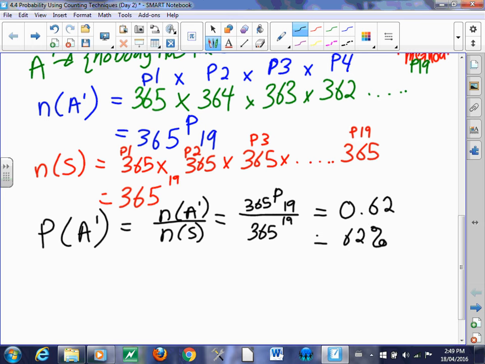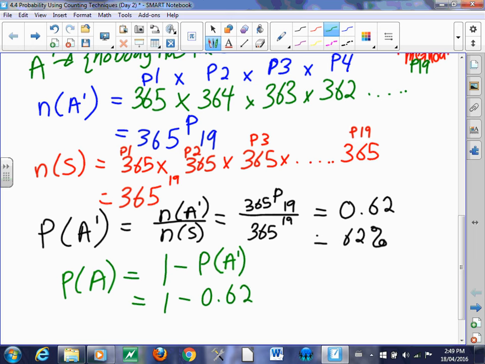That's not what the question asked, though. The question asked what's the probability of the event happening, of them having the same birthday. So that becomes 1 subtract the probability of the event not occurring, which is the opposite. So it's 1 subtract 0.62, which equals 0.38.